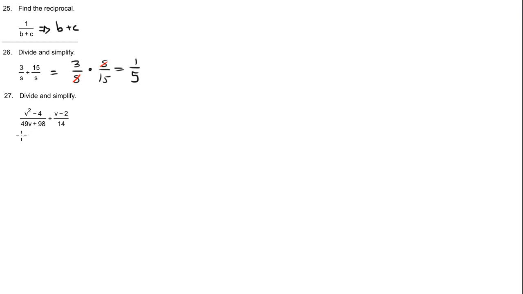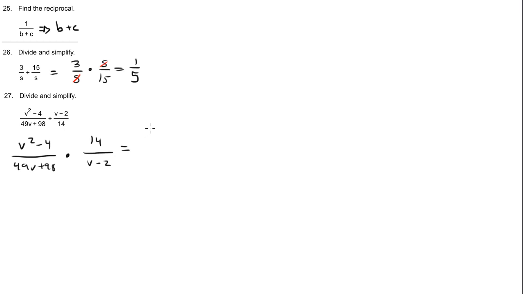I'm going to start by writing v squared minus 4 over 49v plus 98 times 14 over v minus 2. Okay. Let's factor this thing apart.